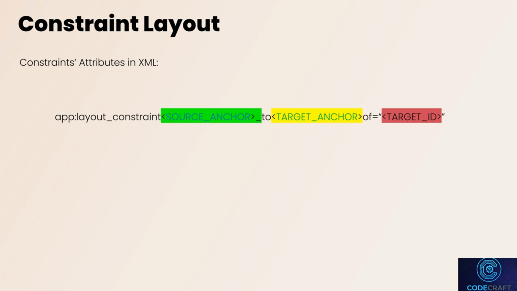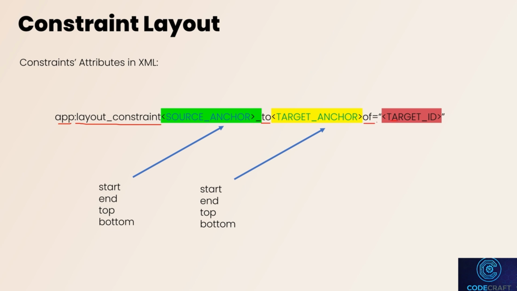This is the general syntax of defining constraints in XML. We start with app:layout_constraint, and we need to specify the source anchor, which is start and top or bottom. Then we have _to_ and the target anchor, which is in this case start and top or bottom, of, equals to the target ID, which in this case can be the ID of any view or the parent.